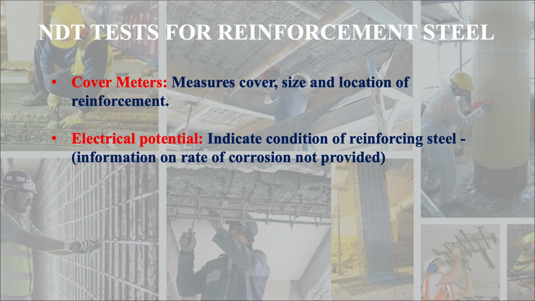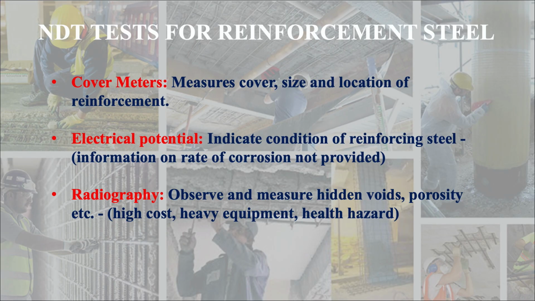Information on the rate of corrosion is not provided by this method. Then radiography, we observe and measure hidden voids, porosity, etc. But high cost and heavy equipment are required, and there are some health hazards associated with using radiation.